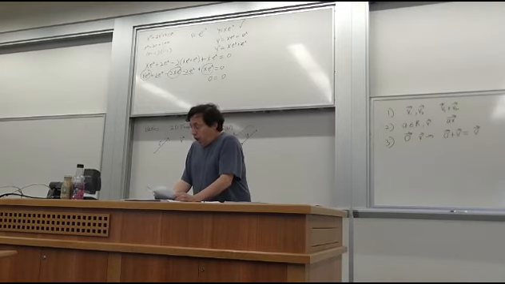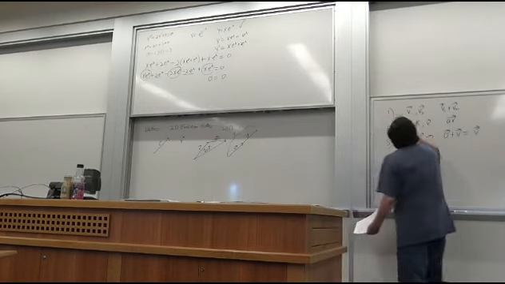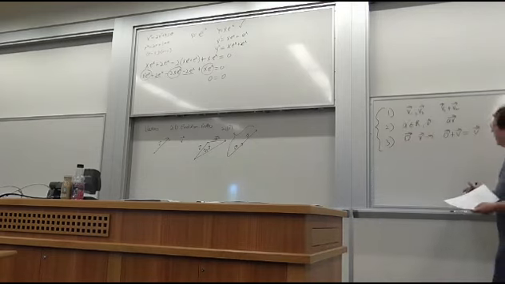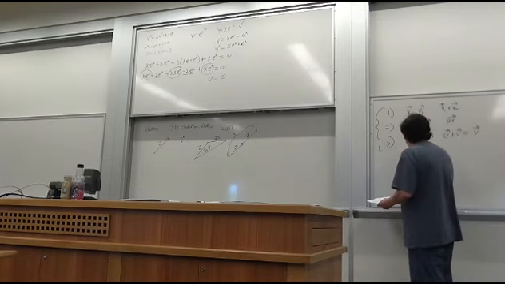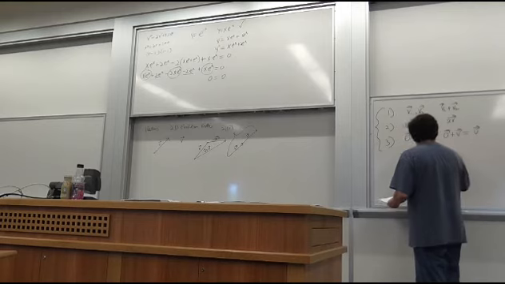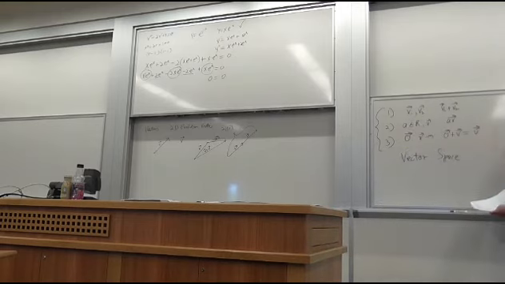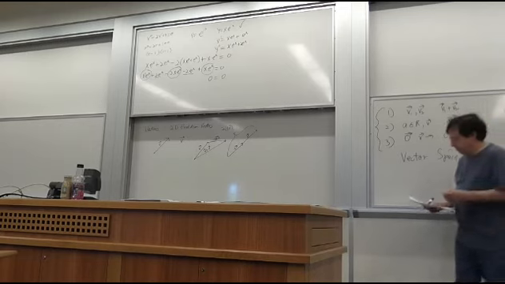Okay, so when you have these three properties, in mathematics we call it a vector space. A vector space is all the vectors, members of the vector space, that follow these properties.